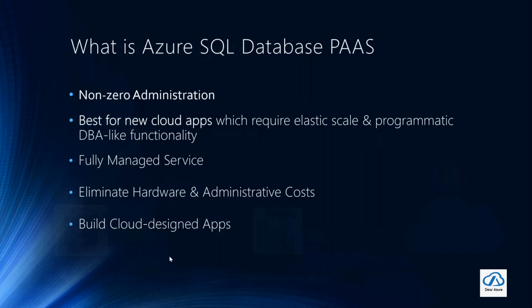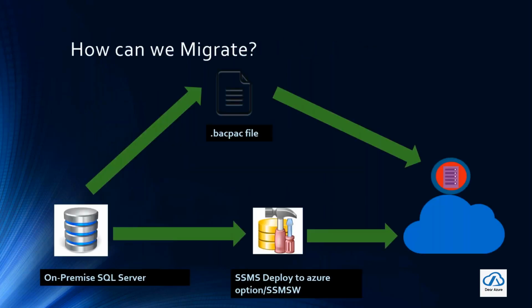If you are on SQL on premise and you want to migrate your databases, we have an option of creating a .bacpac file. Normally with SQL Server on premise, you take a backup file with a .bak extension.